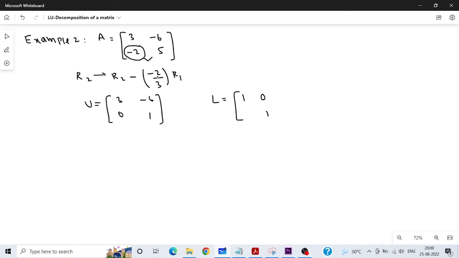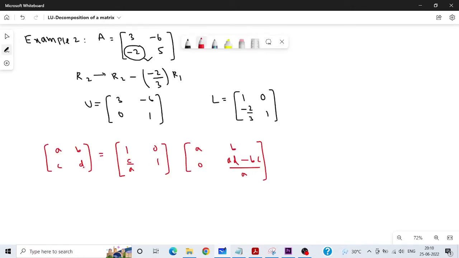The coefficient in the bracket is minus 2 by 3, so here you put minus 2 by 3. So this is your LU decomposition of the given matrix. One can use this formula to get the LU decomposition of a 2 cross 2 matrix. Once you identify the values of A, B, C and D, you can directly substitute here. You will get the L matrix and the U matrix.